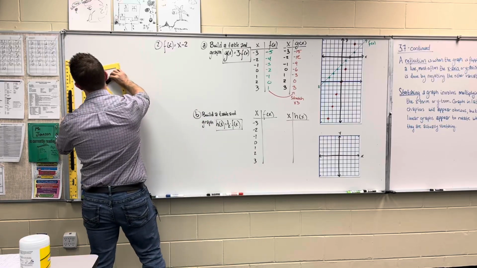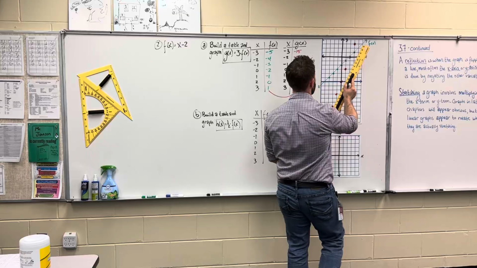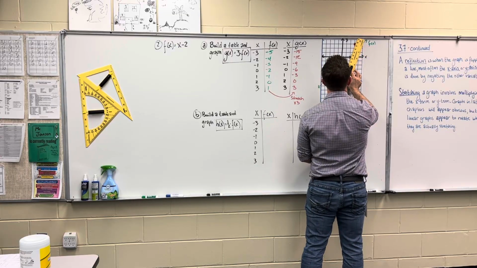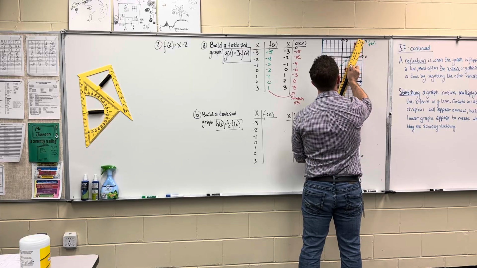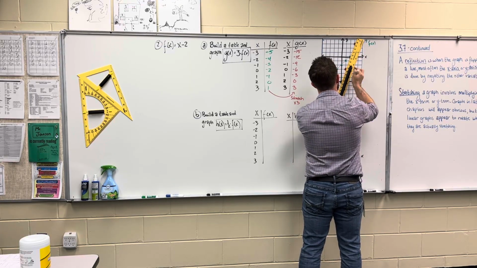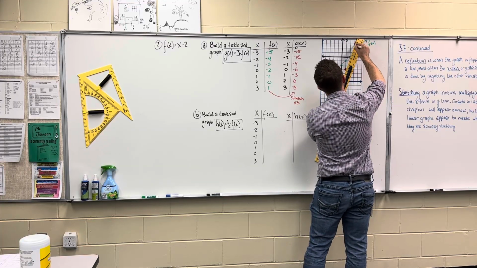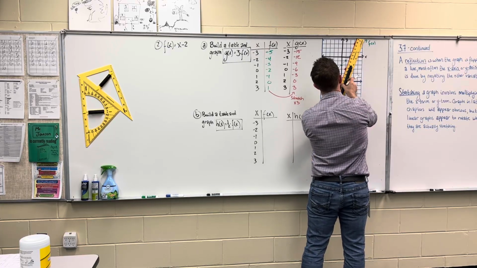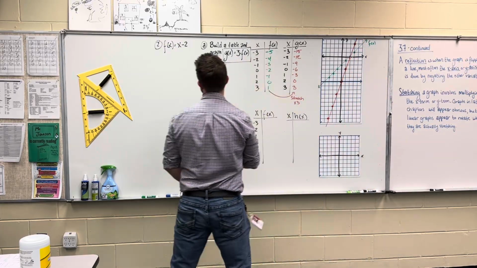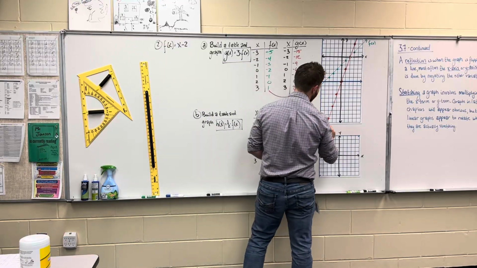Need a bigger ruler on this one. Apparently this ruler is too heavy to support its own weight magnetically. But okay, there we go. And now, yep, that's way too heavy. LOL.